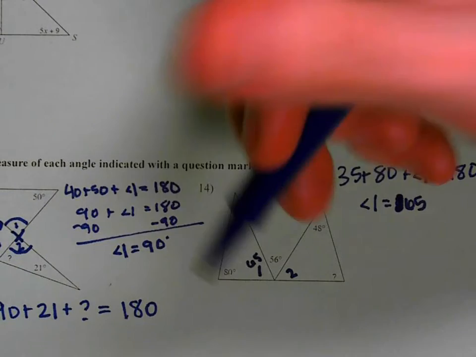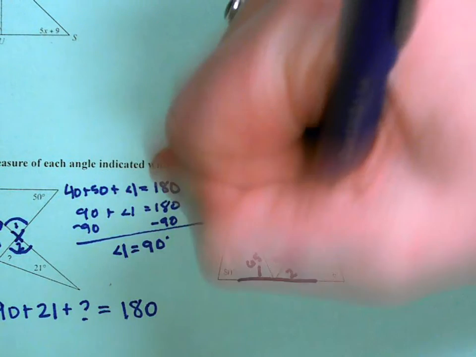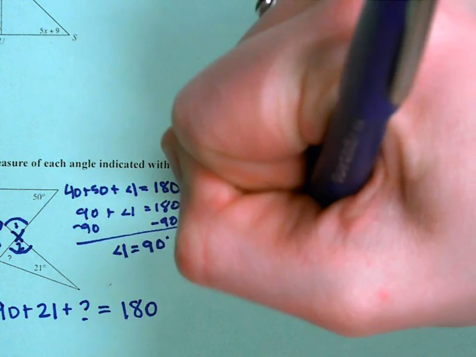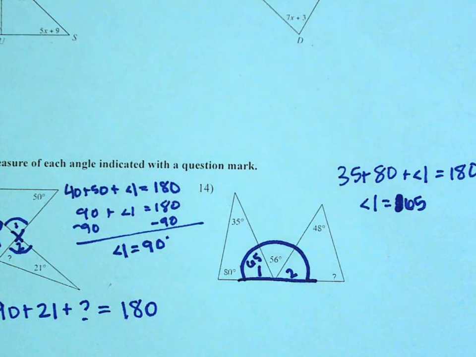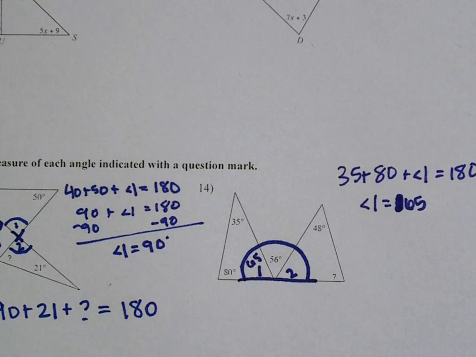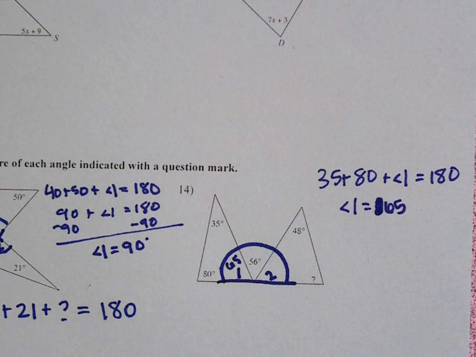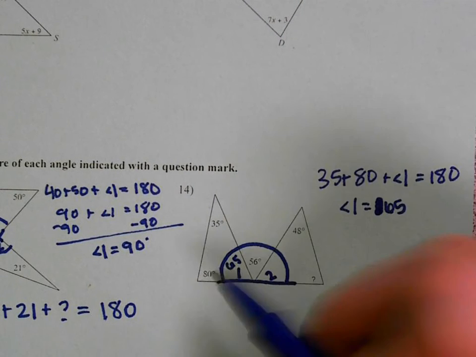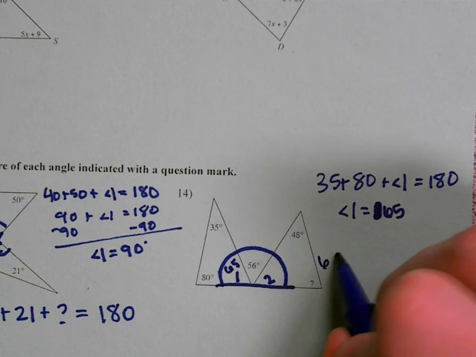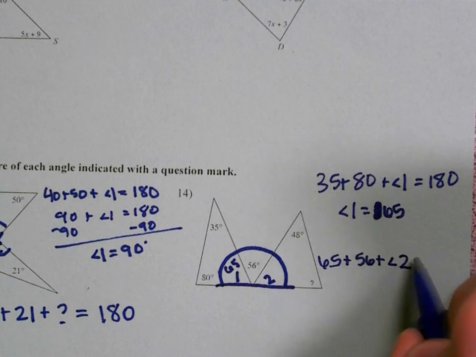Now notice angle 1, 2, and this angle 56, they are all together on a straight line, and I can connect them using a half circle. So these three angles are supplementary. That means they add up to 180. So I know angle 1 is 65, and I know that middle angle is 56, and then I can add angle 2.